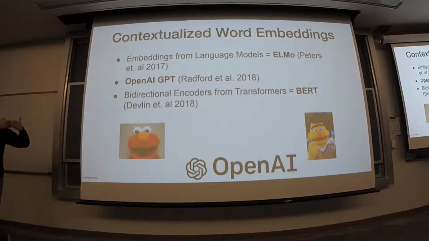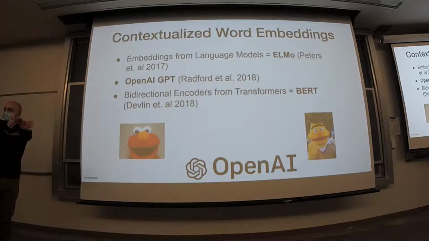One takes your sequence in the correct order, and then the other reverses the order of your input phrase and creates an embedding for that token when you feed in that phrase in the reverse order. So it's kind of a bi-directional thing happening here. You get two embeddings for that. You concatenate those, and that becomes your embedding from the LSTMs, the contextualized word embedding.